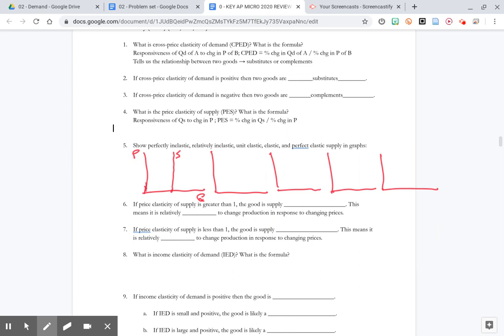On the other hand, you've got this upward sloping supply that's still very close to vertical. That's relatively inelastic. Then you've got the unit elastic looking one, the relatively elastic, and then the perfectly elastic.